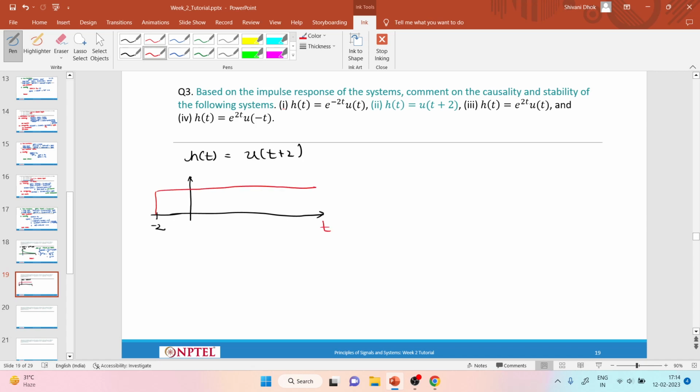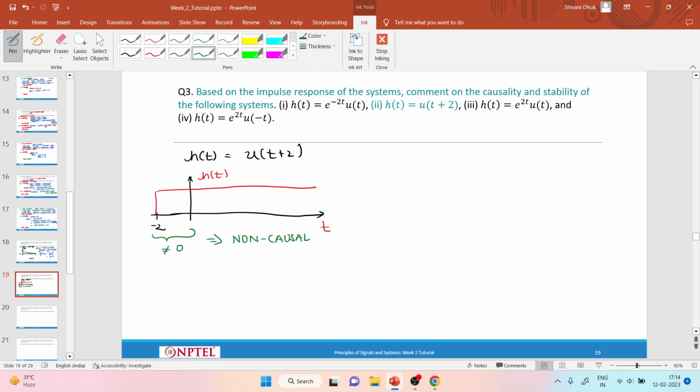This is my t axis, and this is my h of t. So we observe that for t from minus 2 to 0, this signal is not equal to 0, which means that it is not causal, or rather specifically it is a non-causal system, because you are having some values of t less than 0 for which it is non-zero. Therefore it is not anti-causal, it is a non-causal system.